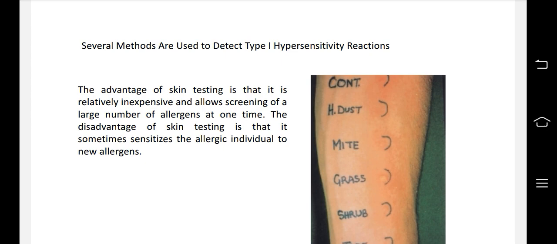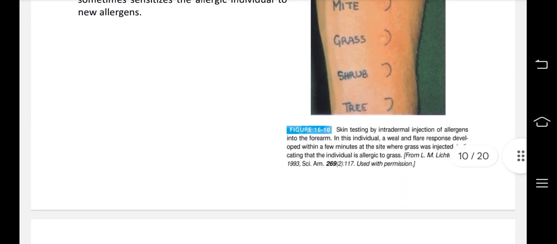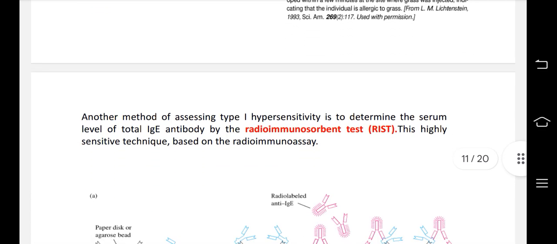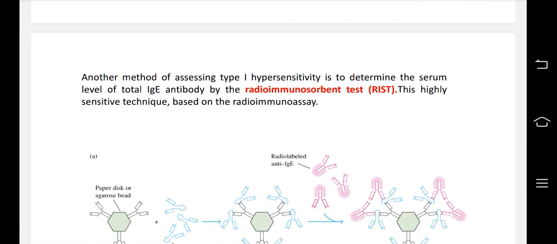The advantage of skin testing is that it is relatively inexpensive and allows screening of a large number of allergens at one time. The disadvantage of skin testing is that it sometimes sensitizes the allergic individual to new allergens. Another method of assessing type 1 hypersensitivity is to determine the serum level of total IgE antibody by the radioimmunosorbent assay or RIST.